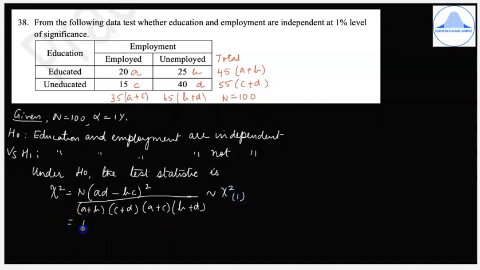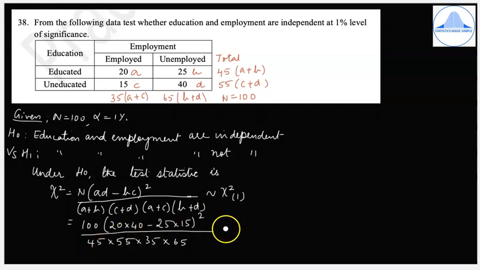So this is equal to 100 into (20 into 40 minus 25 into 15) the whole square divided by the product of all the totals, that is 45 into 55 into 35 into 65.